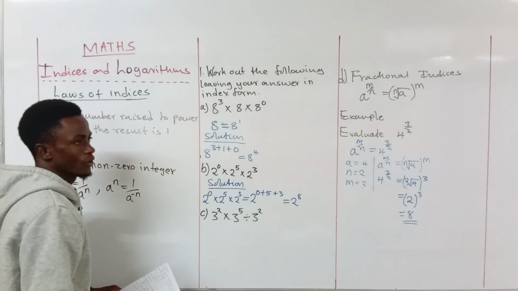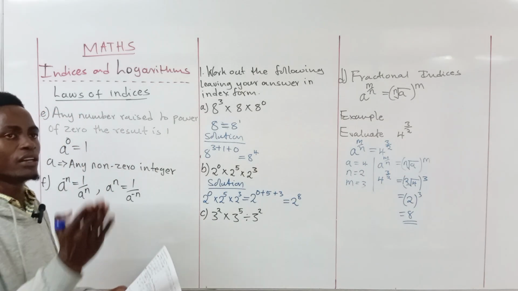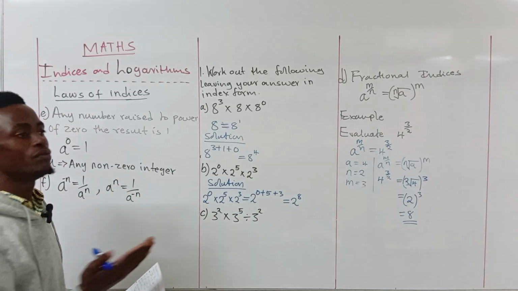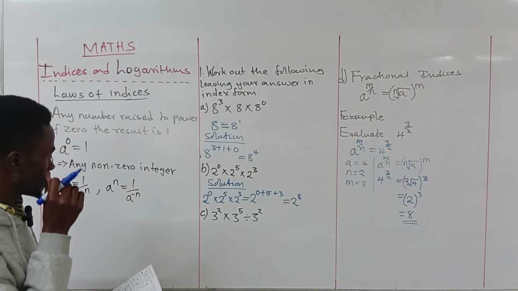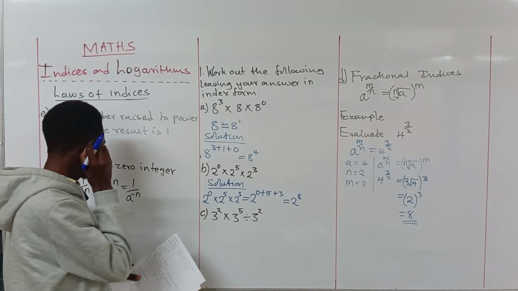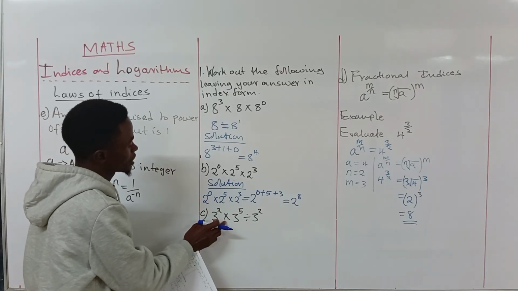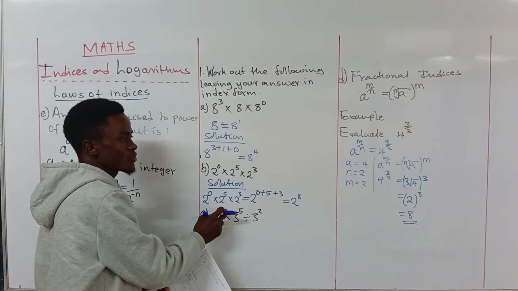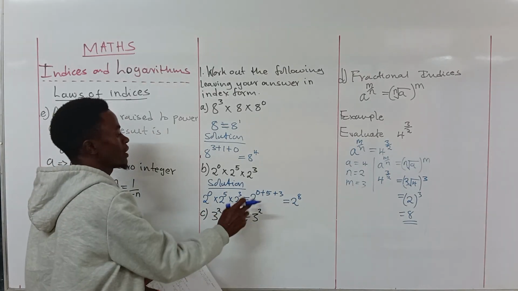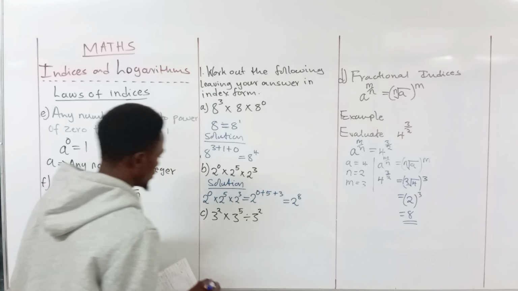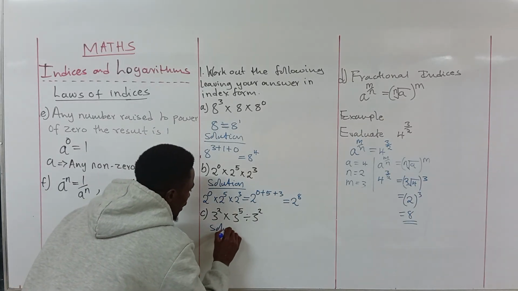So we are going to combine both the division law and the multiplication law. Wherever there is a multiplication, on the powers we are going to have addition. Wherever there is a division, on the powers we are going to have a minus.